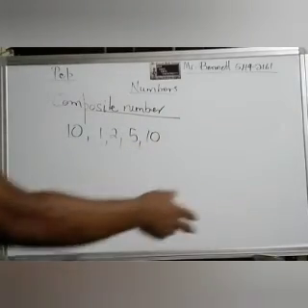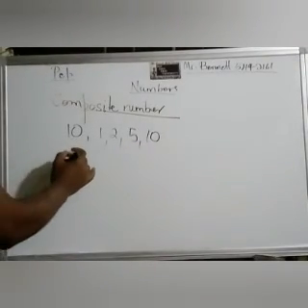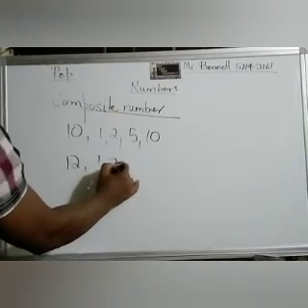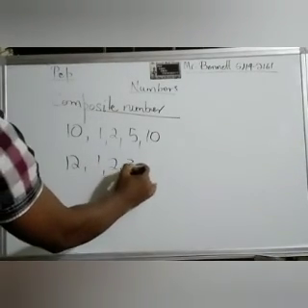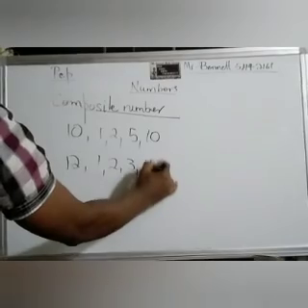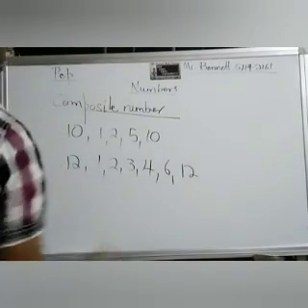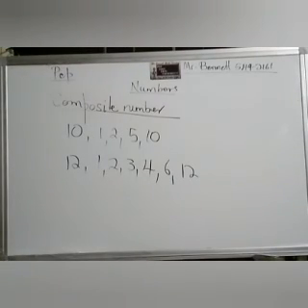So it's 3 or more factors. And we can look at 12. 1, 2, 3, 4, 6, and 12. So therefore 12 is a composite number.